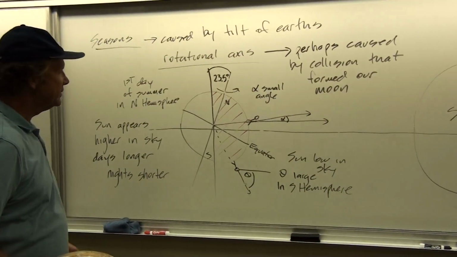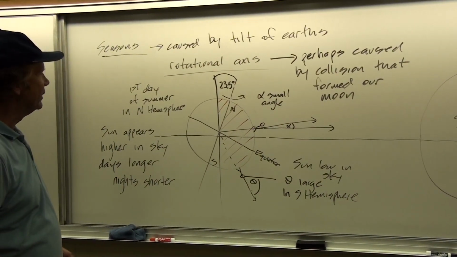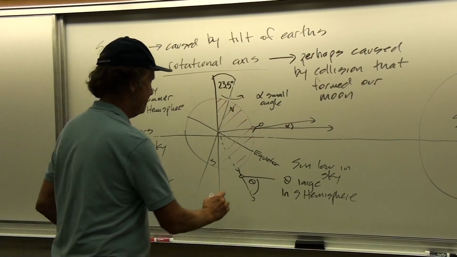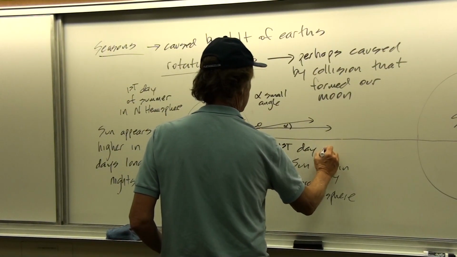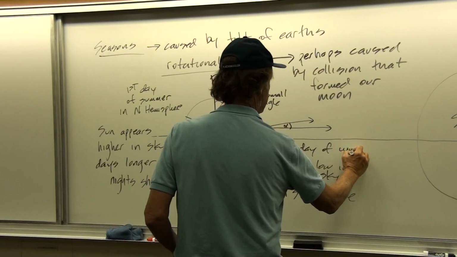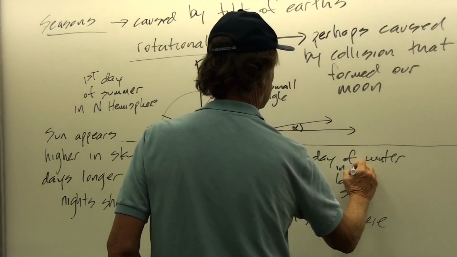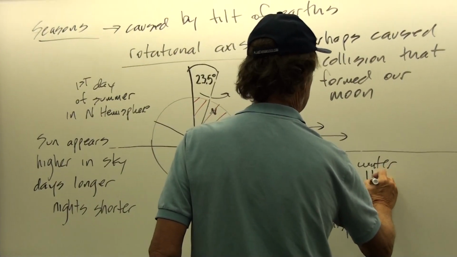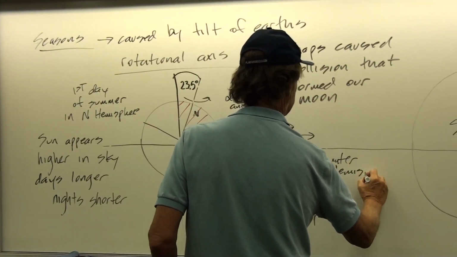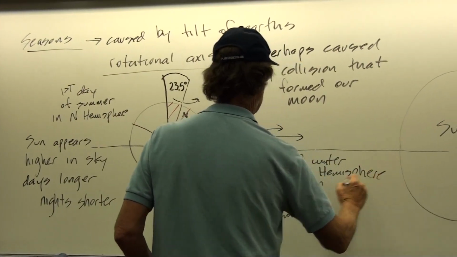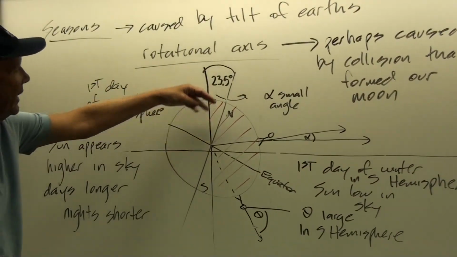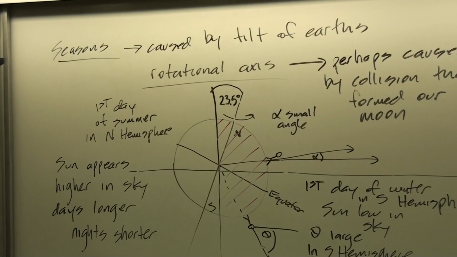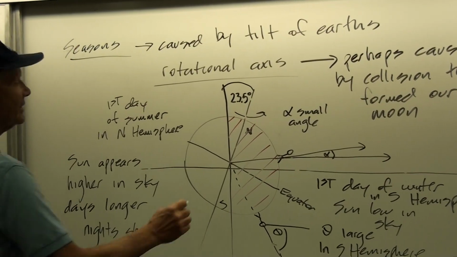And so therefore, this is the first day of winter in the southern hemisphere. Okay, so the northern hemisphere has seasons that are different from the southern hemisphere by 2 seasons, essentially.